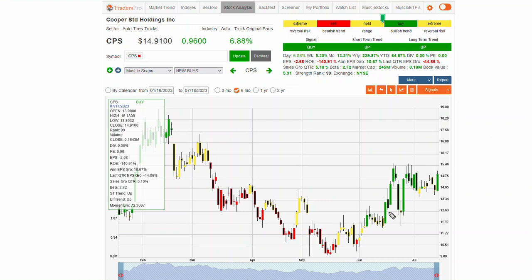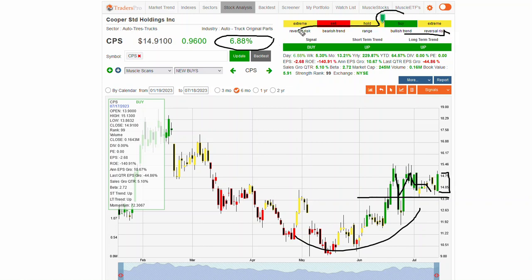This is the setup that I prefer to see: when you have a solid uptrend, consolidation, counter trend, and then this confirmation bar. It's not a big move, and it didn't take us all the way to extreme. We're still early in the buy cycle, still early in that bullish trend, starting to work in this direction. So that's a really nice setup.